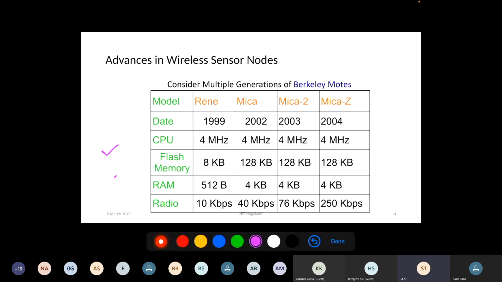In that you can find out that the Mica Z configuration is the highest. It has a CPU of 4 megahertz, flash memory of 128 KB, RAM size of 4 KB, as well as a speed of 250 kbps. It's the highest speed.